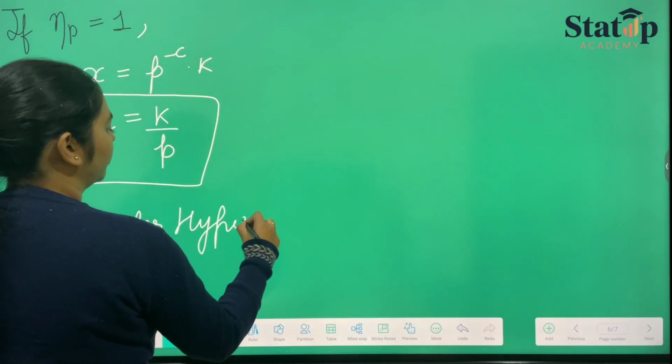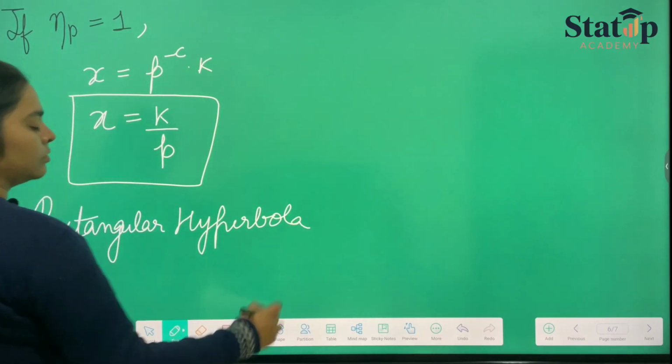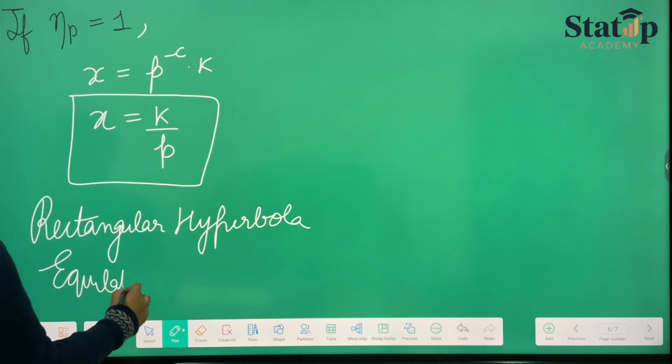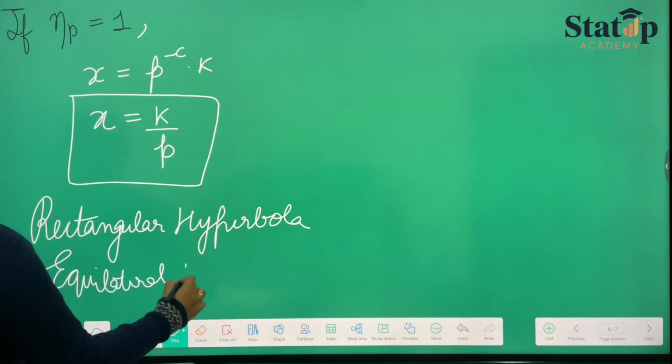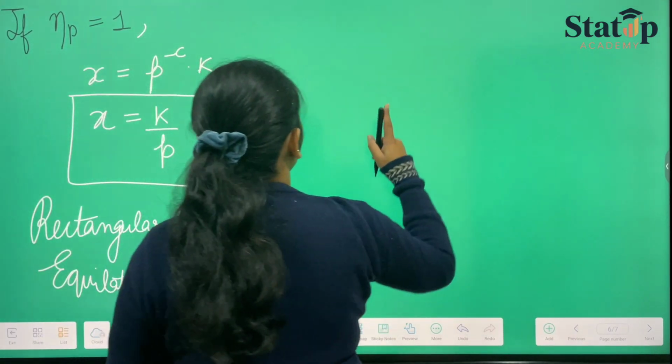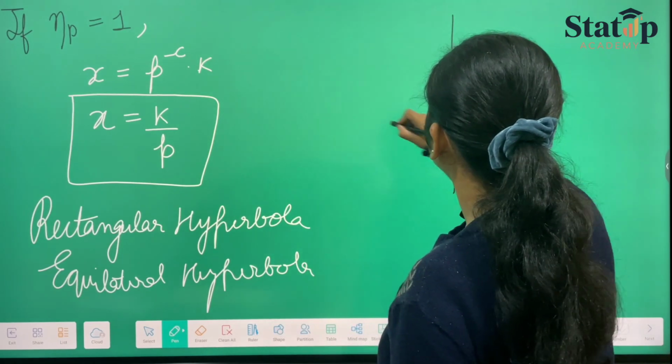Now this is an equation of a rectangular hyperbola, or we can also call this an equilateral hyperbola, which is represented as this.